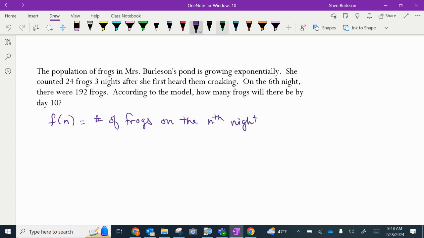Did anyone use sequence notation? Did you use a sub n? Okay, so if you did that, then you would have number of frogs on the nth night. Same thing. It's just different notation. I don't care which one you use.